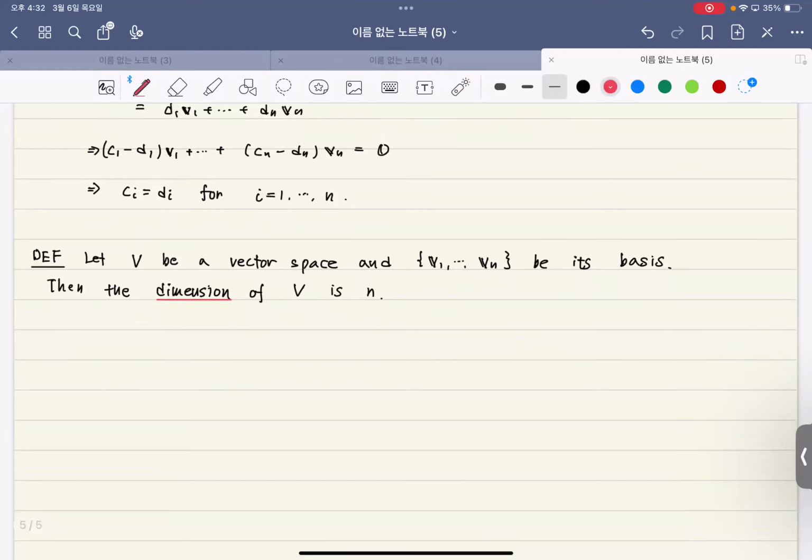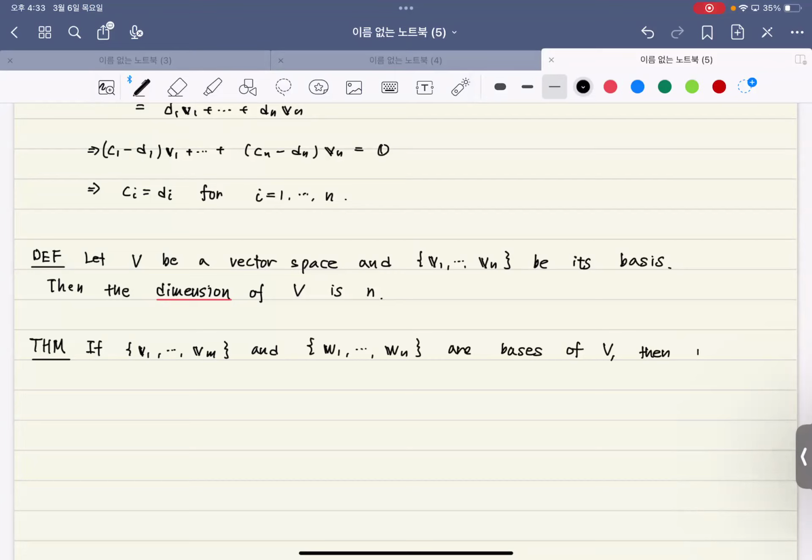So I want to prove this. Suppose I have two different choices of bases of V, with m and n vectors.